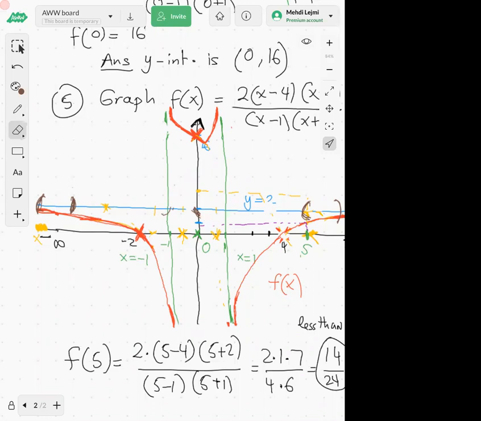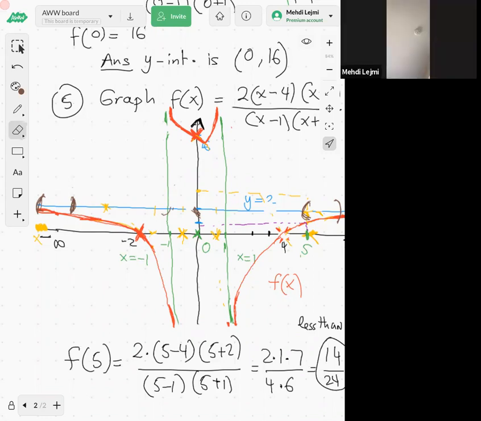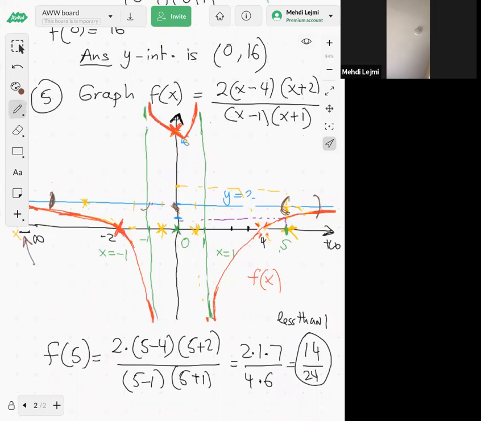Professor, can you please repeat when we can cross the horizontal asymptote? Yeah, I was saying you can cross the horizontal asymptote if you are not close to negative infinity. Here's negative infinity, and here's my positive infinity. If you are close enough to positive or negative infinity, somewhere here, then you cannot cross the horizontal asymptote.